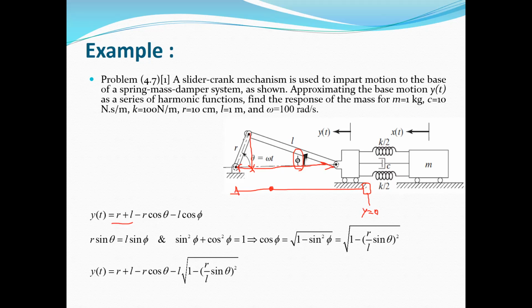So from these triangles and the trigonometry relations, y(t) is equal to R plus L minus R cosine theta minus L cosine phi.